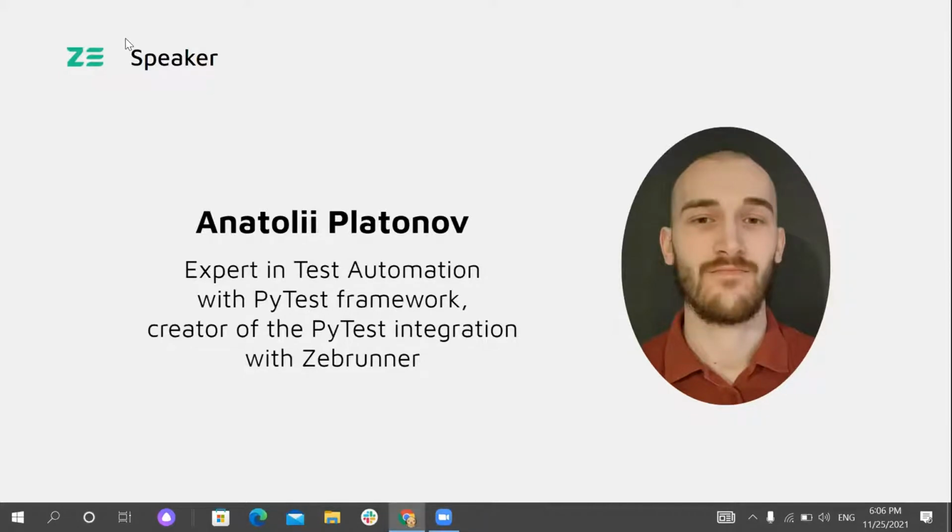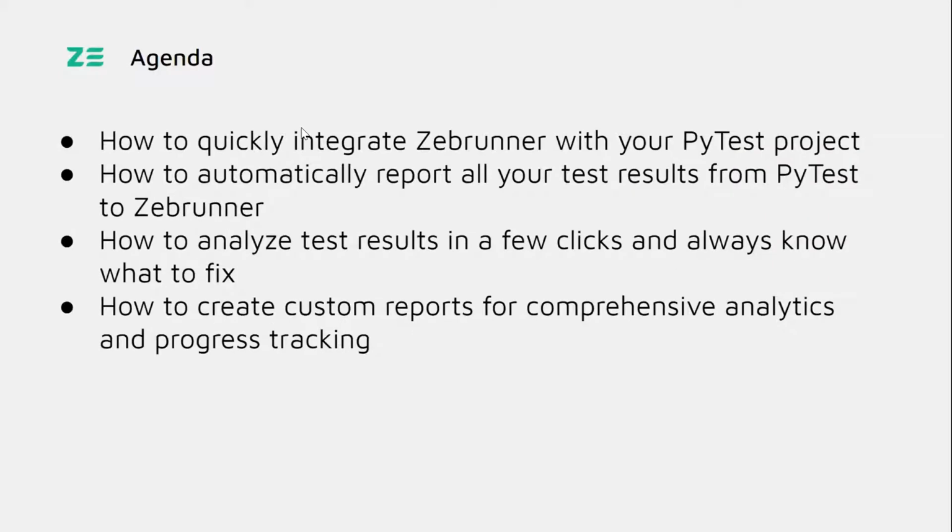So he knows everything about the configuration and the installation. You'll be able to ask him any questions during our question and answer session at the end of this webinar.